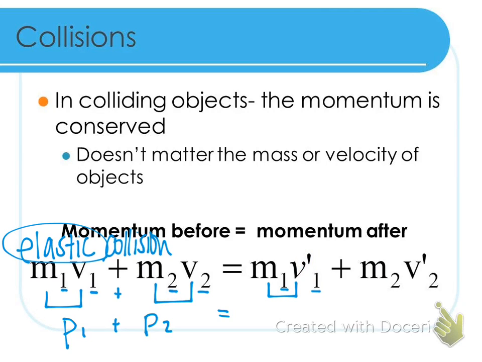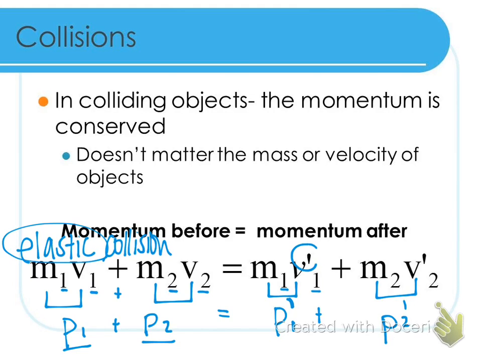Okay, so m1 times v1 prime, and what this means is after. So when we see that little apostrophe, that means prime, and that means after the collision. Okay, so essentially what we're seeing here is that the momentum after the collision of the first object plus the second object is equal to the momentum of the first object plus the second object before the collision.